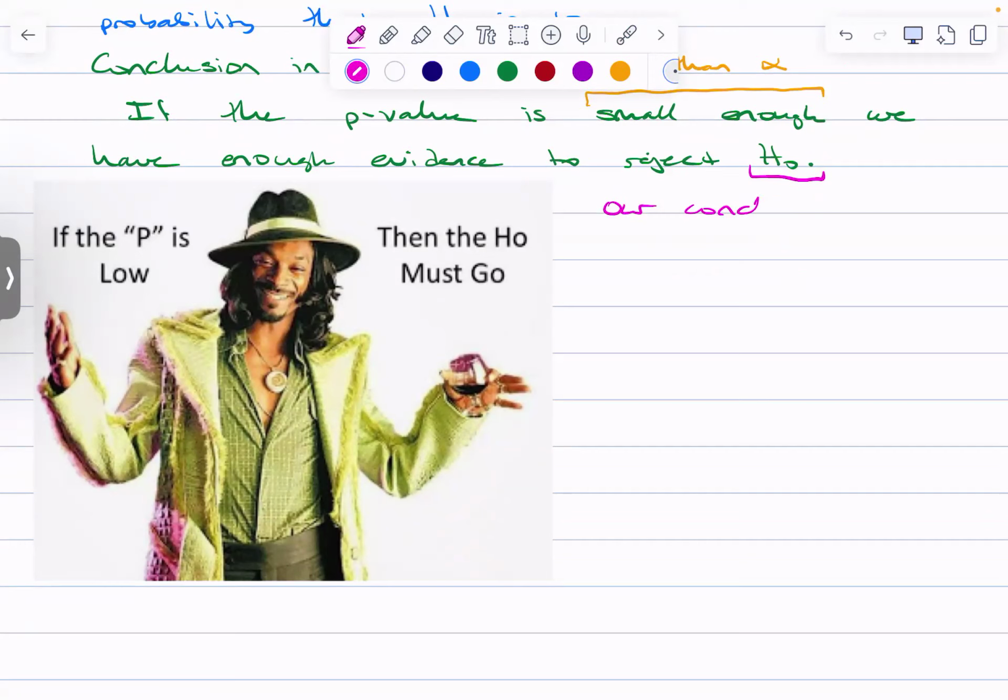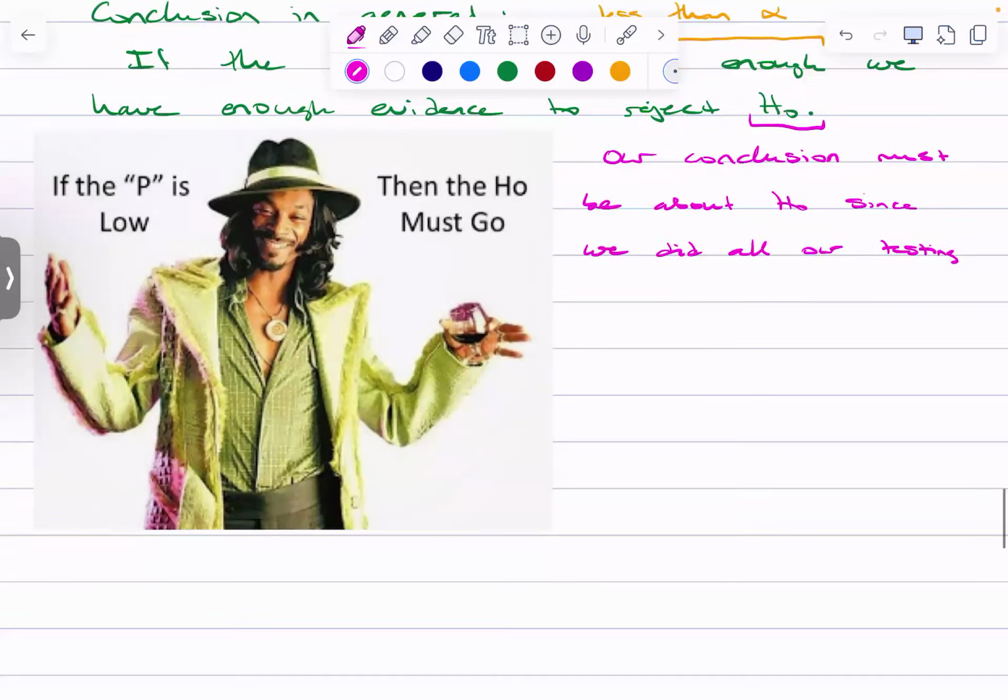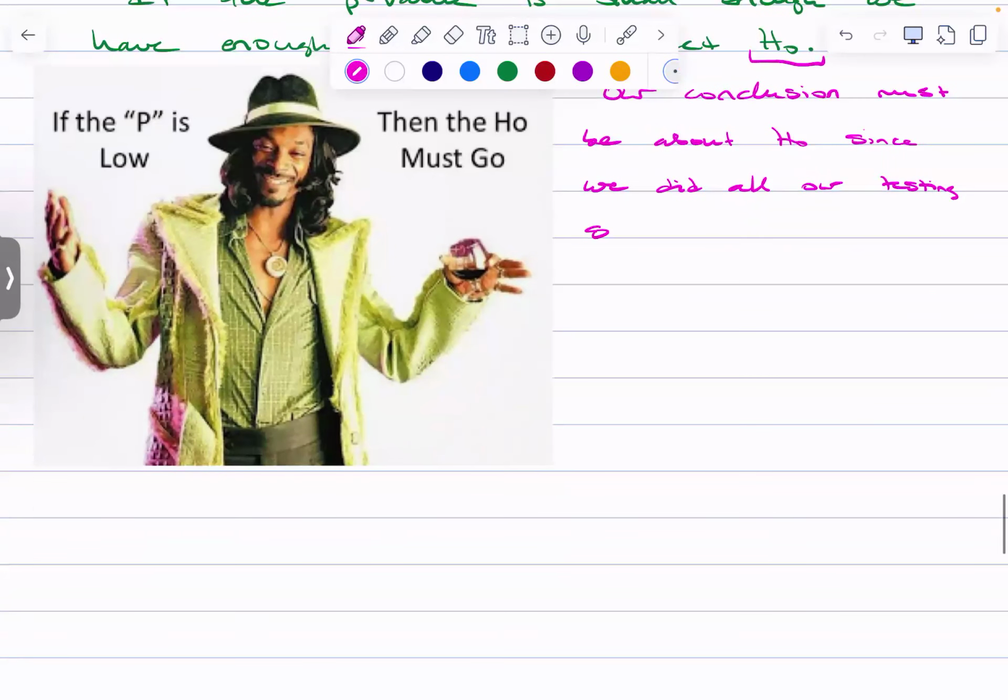Our conclusion must be about H naught, since we did all our testing assuming H naught was true.